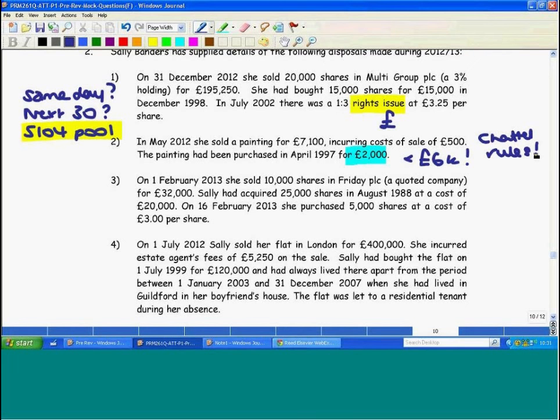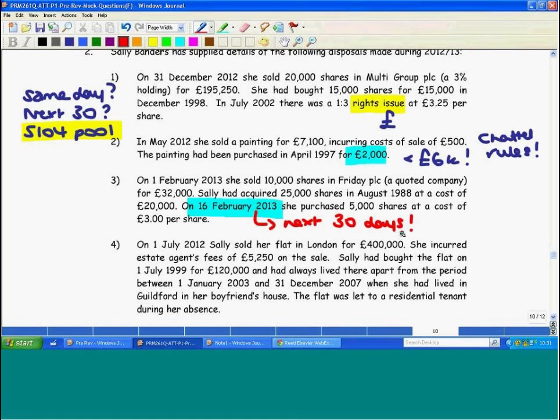Now, the third item that was disposed of was more shares. So again, not entrepreneur's relief. We don't have to worry about that here. And if we just think back to those rules that we were talking about, did she acquire any on the same day? No, but she has actually purchased some more shares in the next 30 days. So in terms of those 3 different rules we need to consider, same day, next 30 days, section 104 pool, yes, she has bought some in the next 30 days.